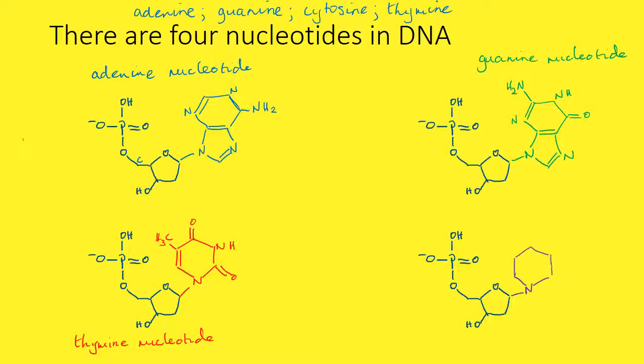Here's our hexagon, and this carbon here is double bonded to an oxygen. This is actually a nitrogen on that corner, and it's double bonded to this carbon that is bonded to an amino group.